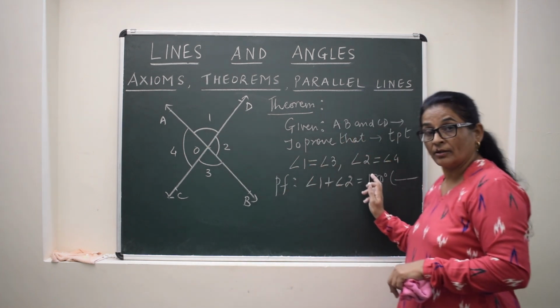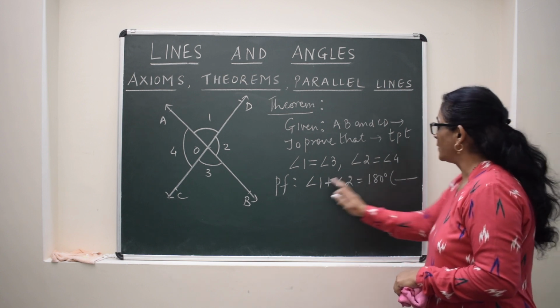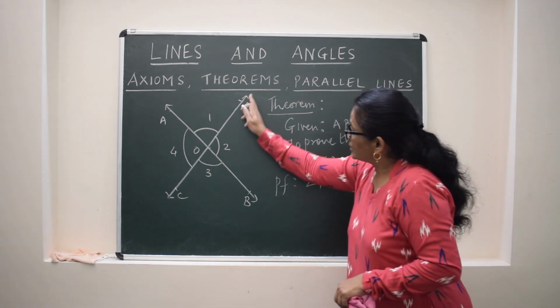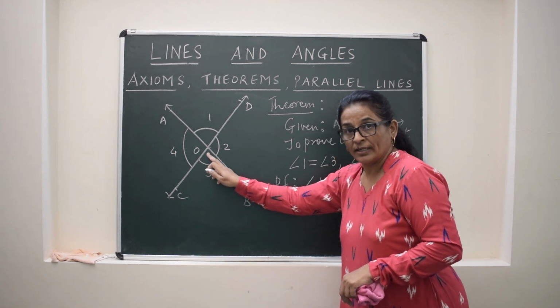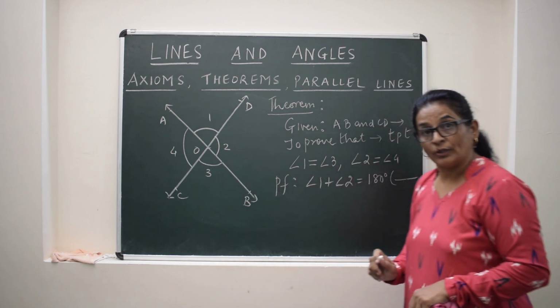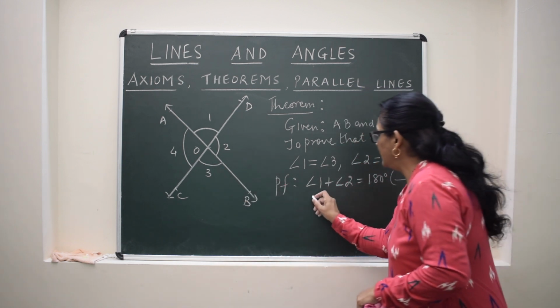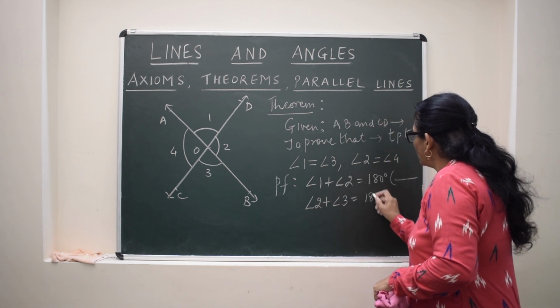So linear pair. Okay. So any reason, whichever suits, you can write over here. Now similarly, CD is again a line and OB is a ray that falls on it. So by the same axiom, angle 2 plus angle 3 is also equal to 180 degrees.